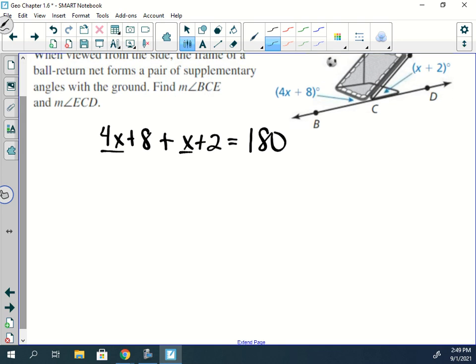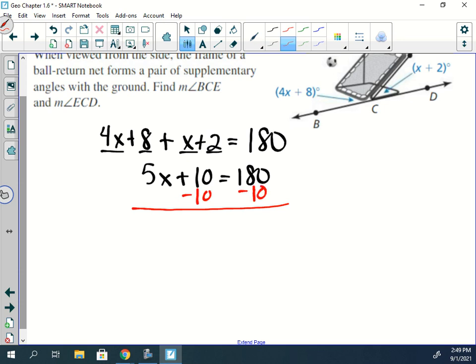So 4x and x would add together to be 5x. 8 and 2 would add together to be 10, is equal to 180. I would subtract 10. Let's do addition and subtraction first, because those would cancel, leaving us with 5x is equal to 170.